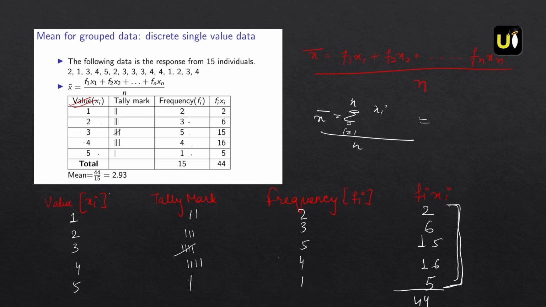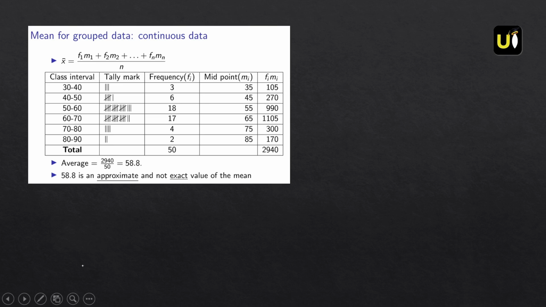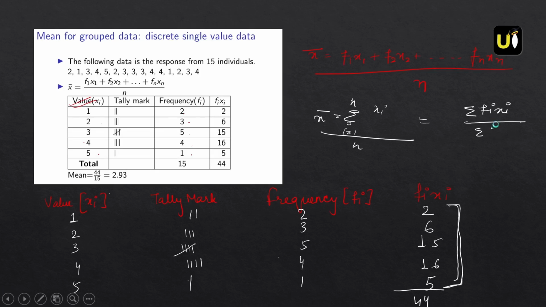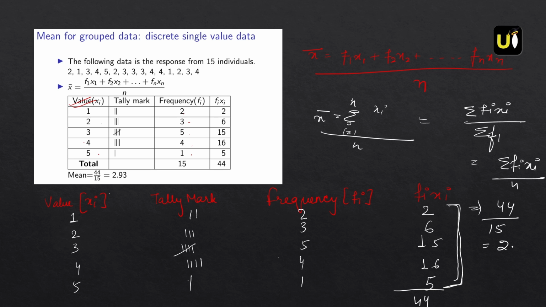So here it means that sigma fi xi upon sigma fi, or you can simply say that sigma fi xi upon n. So this would be 44 upon 15, that is 2.93. So here the mean is 2.93.